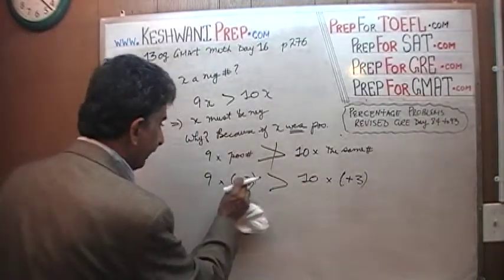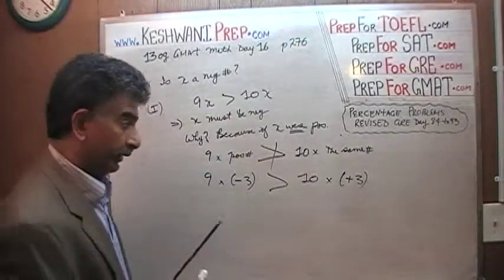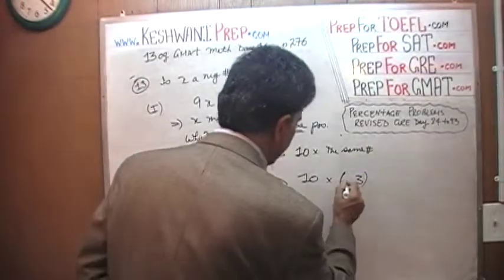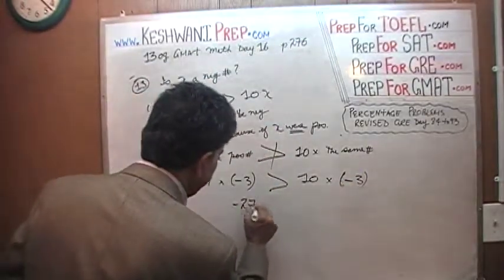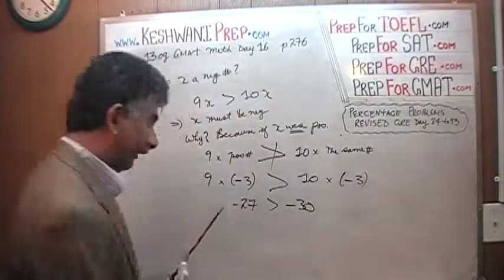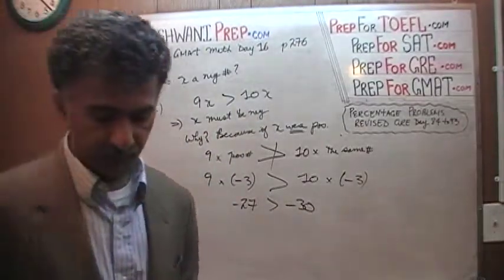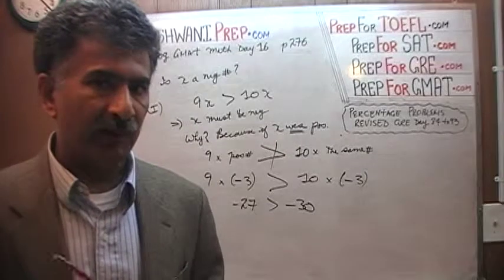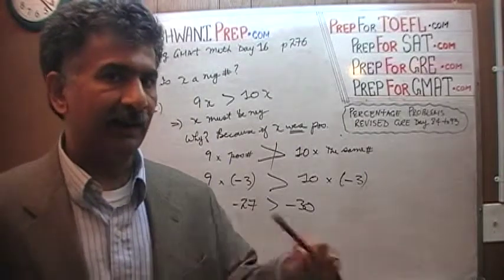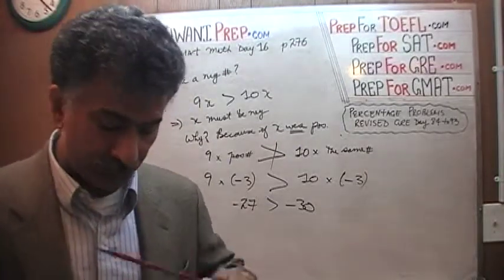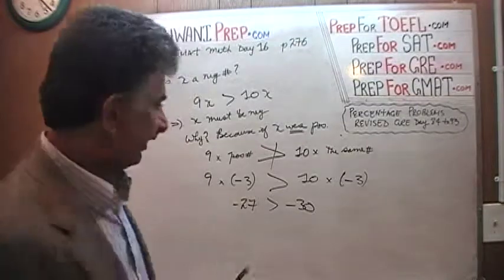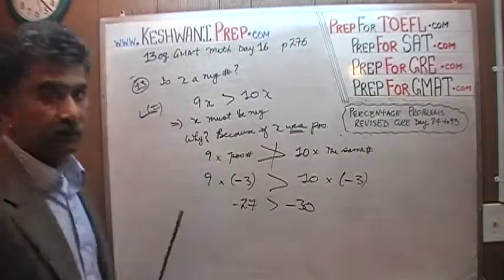But negative 27 is greater than negative 30. Voila. X has to be negative. That's the only way 9 times a quantity can be greater than 10 times the quantity, is when that quantity in question is a negative quantity. Statement 1 works. Statement 1 does the job.